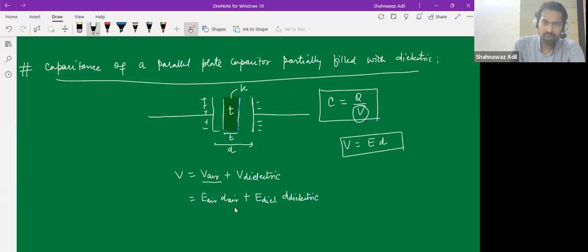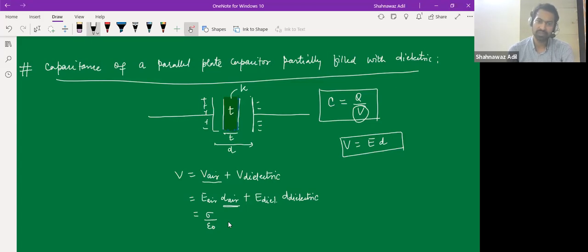Okay, so what is the electric field of the parallel plate capacitor? What is the electric field of the sheets? We have derived this. So what is the electric field? Yeah, sigma by epsilon naught, right? And what is this distance here?